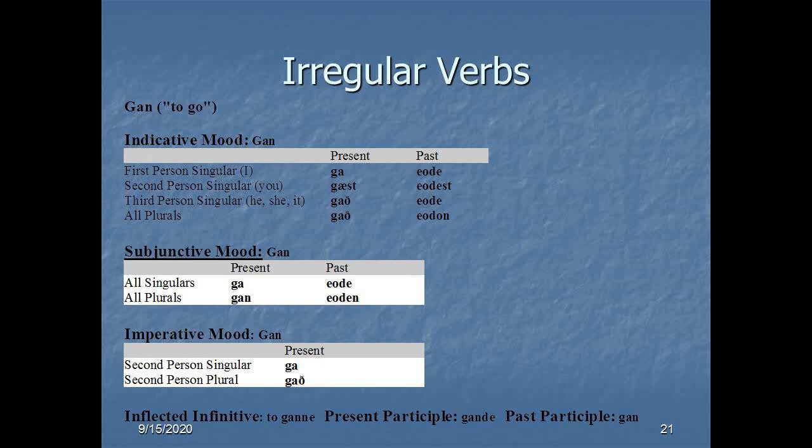But in the past tense, it comes from a completely different word, and not the different word that the past tense of go in modern English comes from. So in Old English, it's ich eode, thu eodest, he eode, we eodon. Or in the subjunctive, eode and eodin.